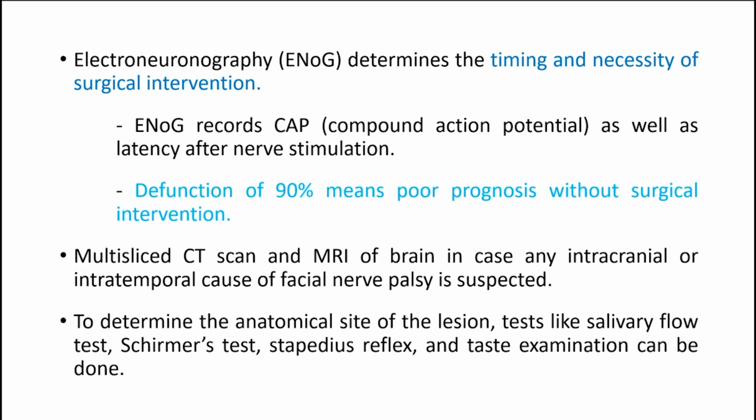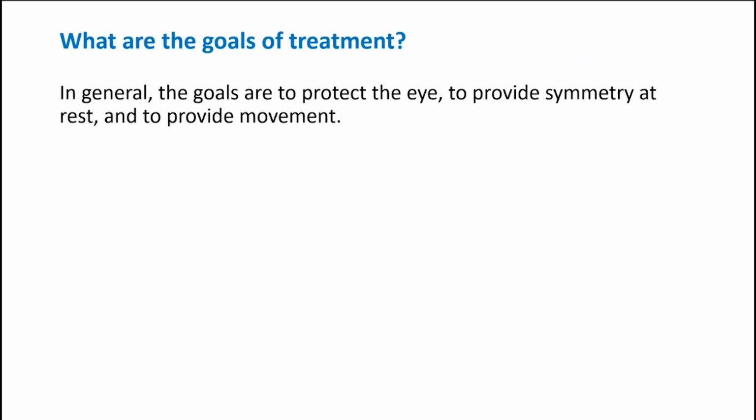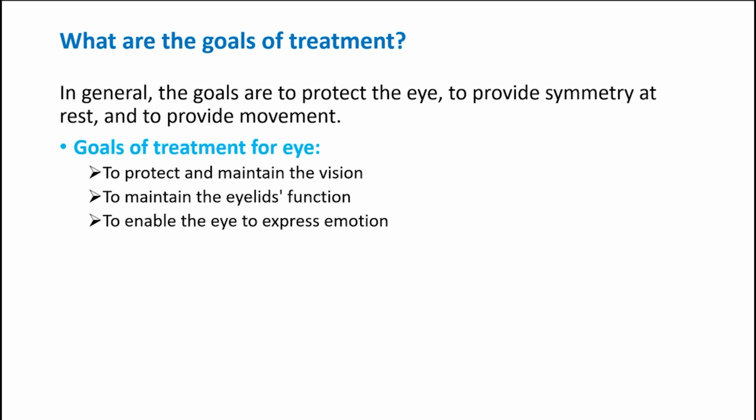Now, the next question which may be asked to you will be, what will be your goals of treatment? The goals of treatment will pertain to each of the specific parts involved in facial nerve palsy. Goals of treatment for the eye: you have to protect and maintain the vision, maintain the eyelid function, and develop the animation of the eyelid so that the patient is able to express emotion.